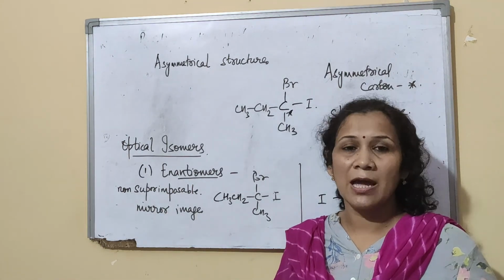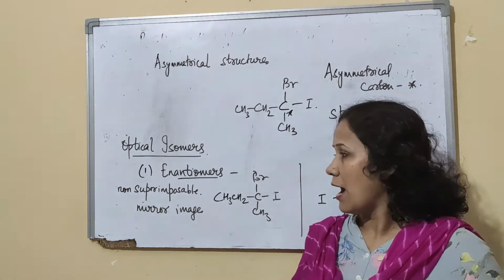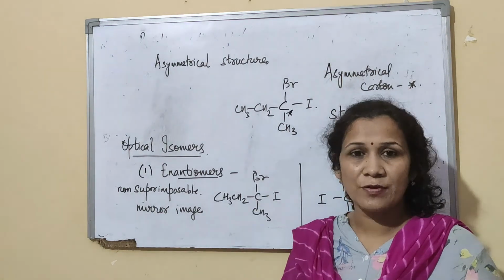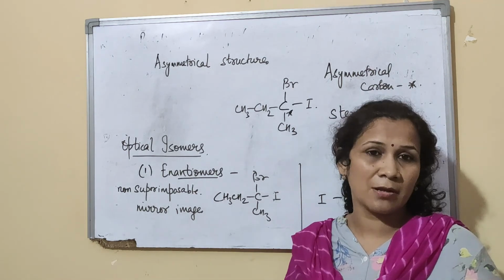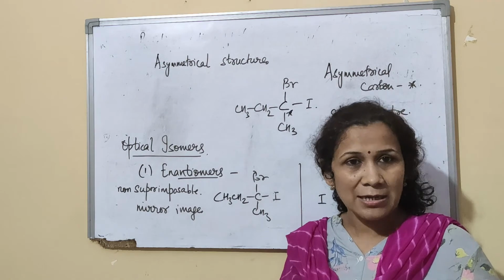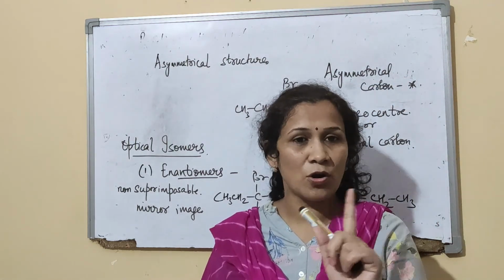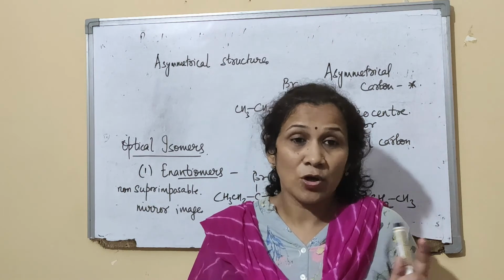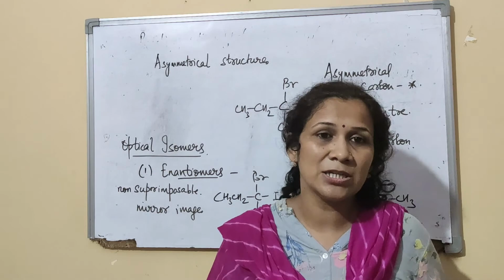Enantiomers means they are non-superimposable, they differ in the optical activity and they are mirror images of each other. But if they are not mirror images, if they are not related by a mirror in any form, then the optical isomers are still optical isomers, but they are not known as enantiomers because they don't have any mirror association. They will be known as diastereomers.